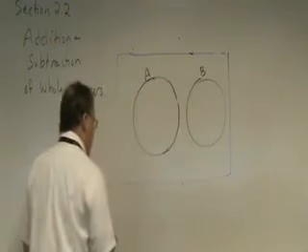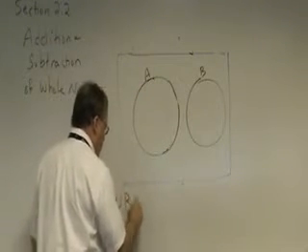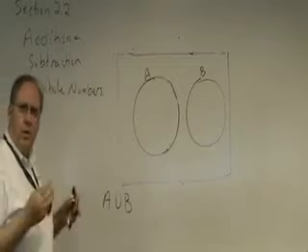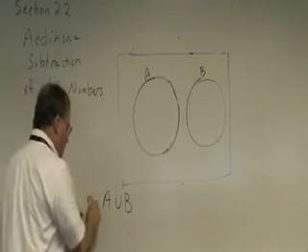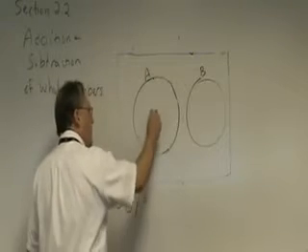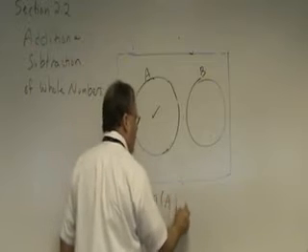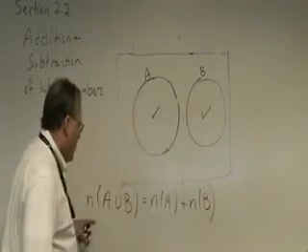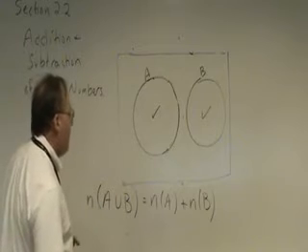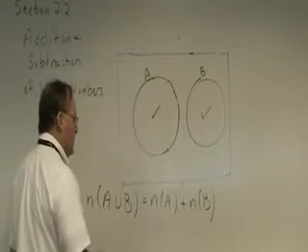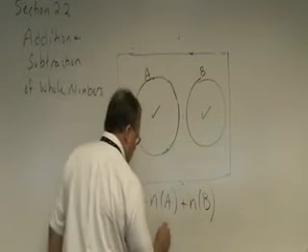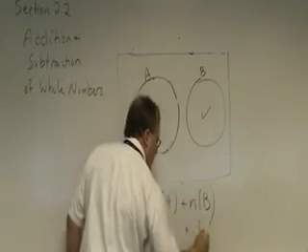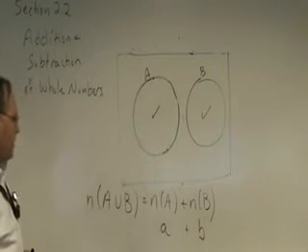If I want to talk about A union B, you can see I would be putting all of what is in A together with all of what is in B. And if I wanted to talk about the number in A union B, that would simply be the number in A plus the number in B. Suppose I wanted to call the number in A a value, say, a, and I'm going to call the number in B, little b.